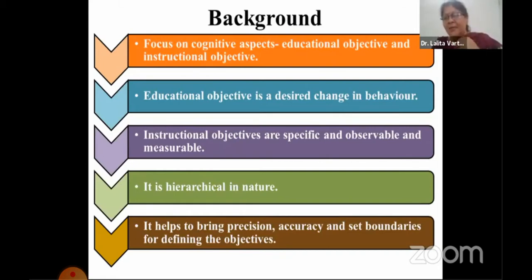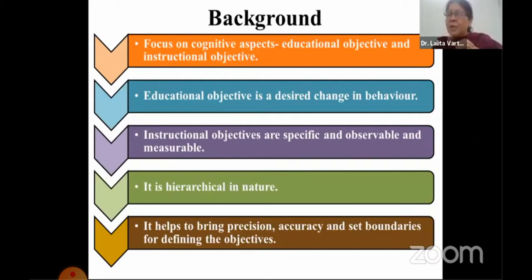Say, for example, if we talk of teaching skills, this would be a broad educational objective to be achieved by a teacher. And what could be the instructional objectives in it? They could be effective communication, which is observable, accurate pronunciation, which could be observable, specific, and measurable. Or if we talk of technological skills, a teacher should have technological skills.